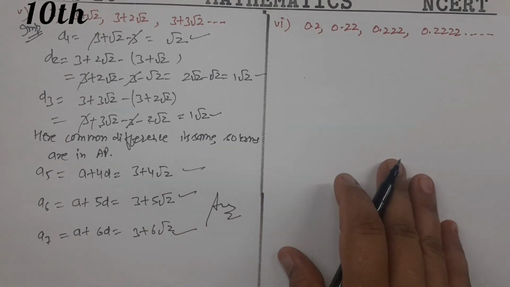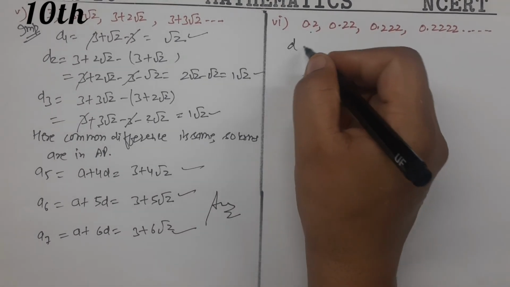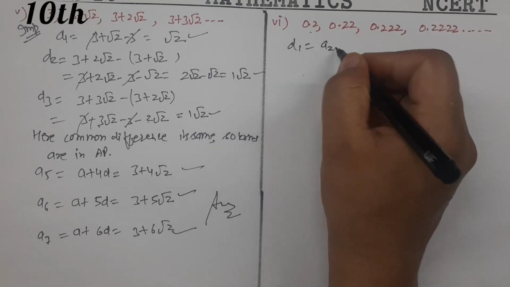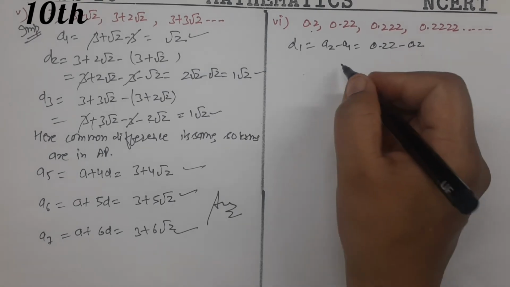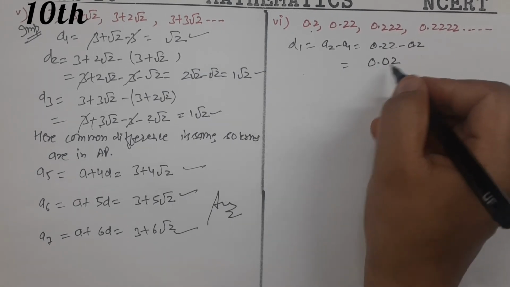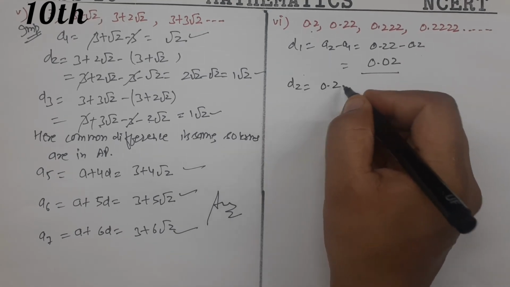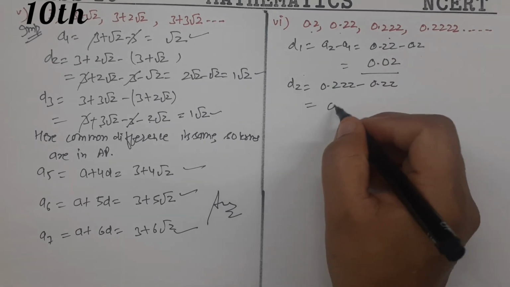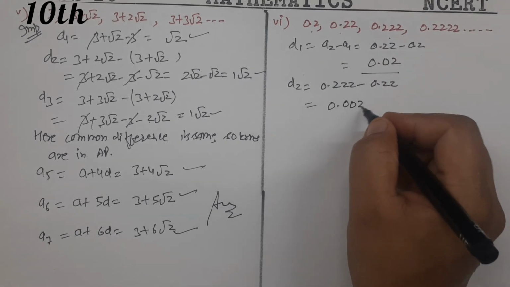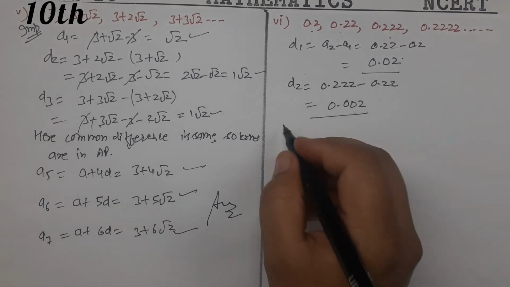Part 6. a1, a2, a3, a4. d1, subtract, we have 0.02. Next, d2 = a3 minus a2, we have after subtracting 0.002. d is not the same.